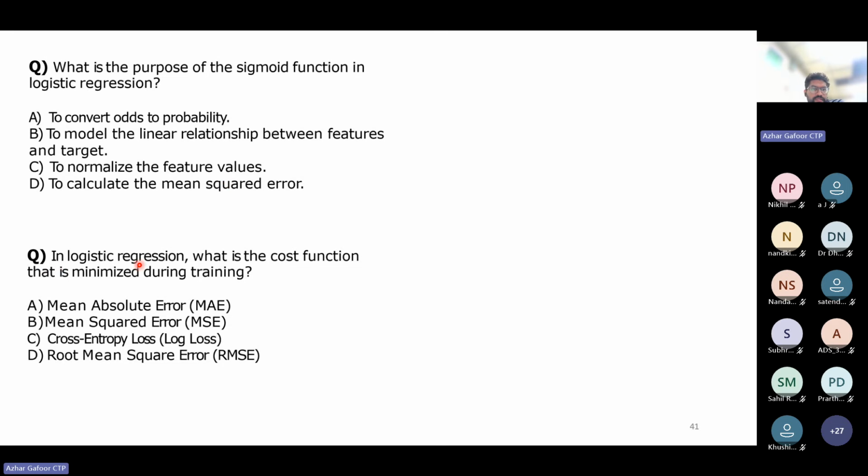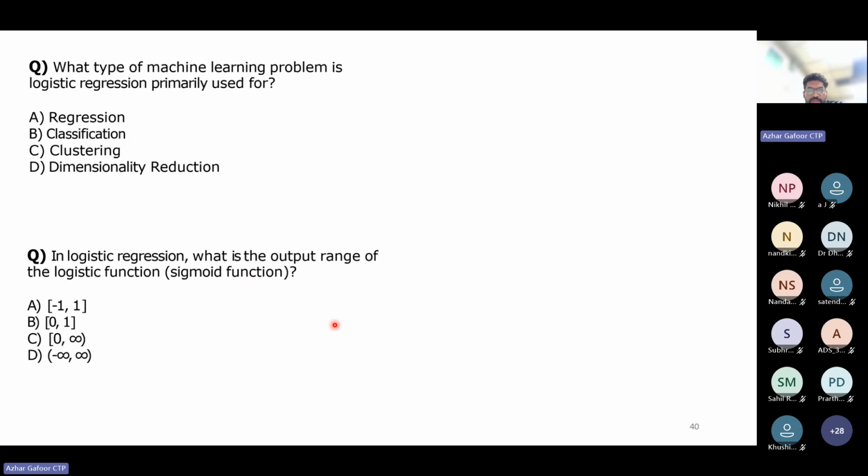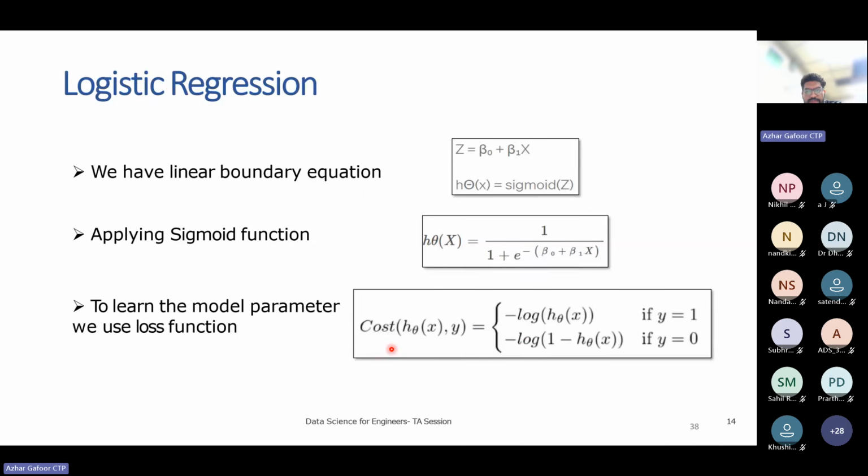In logistic regression, what is the cost function that is minimized during training? This is the cost function. This is called the cross entropy loss function.